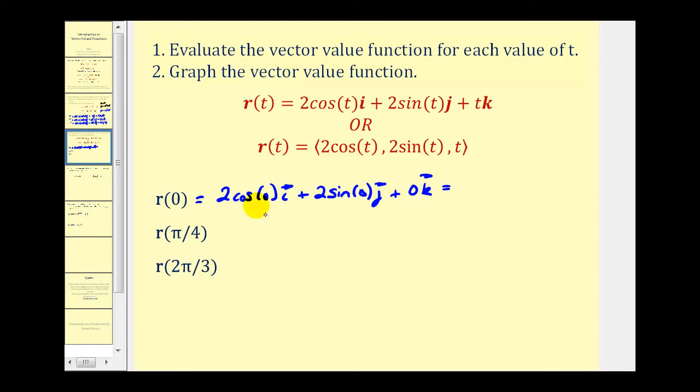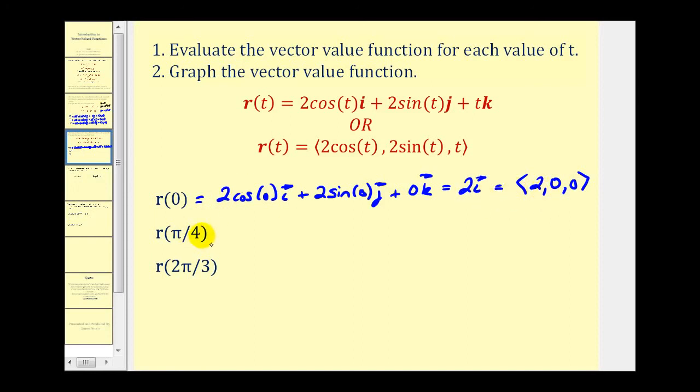Well, the cosine of 0 degrees would be 1, so we have 2i. The sine of 0 is 0, so we'd have 0j and 0k, or in component form we would have 2, 0, 0. You normally don't have to express it both ways, but I am just to emphasize the two ways.